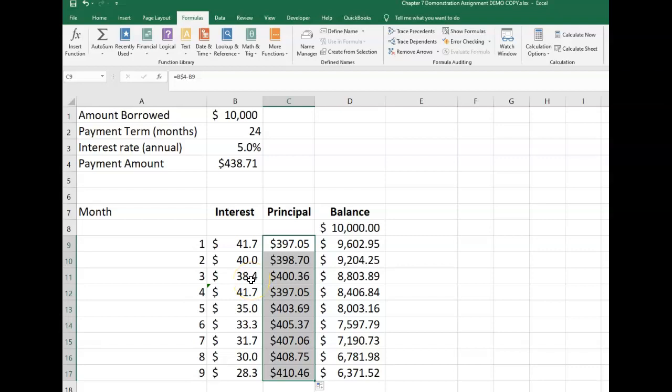So we're going to trace dependents and see if we can figure out what the error was here. Let's see what happens here in B3.